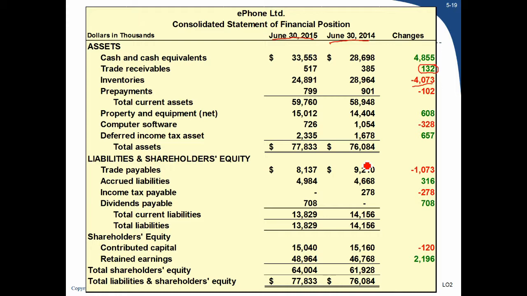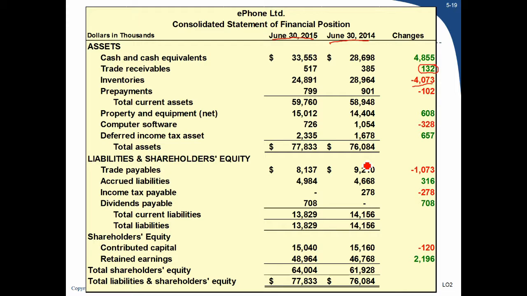The only way to get that transaction to occur is debit accounts payable, credit cash, a decrease in cash. You can think of it as we fully paid off last year's trade payable: credit cash for 9210, debit AP for 9210. Start with a zero balance.